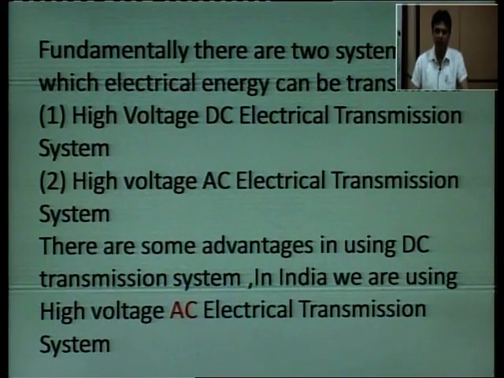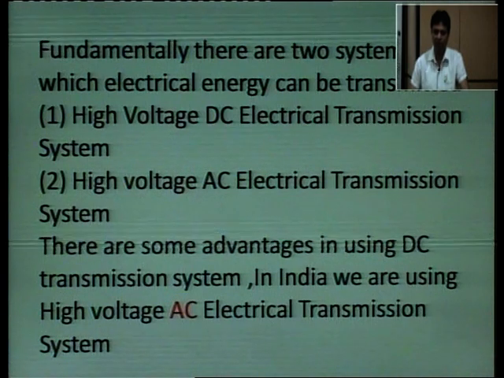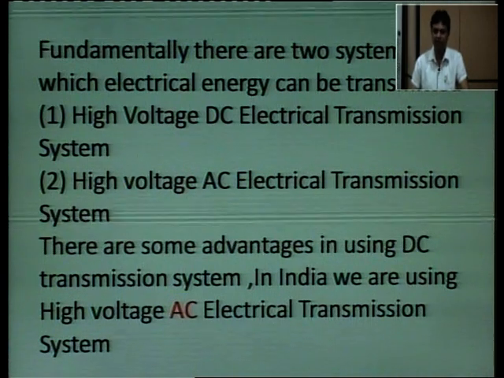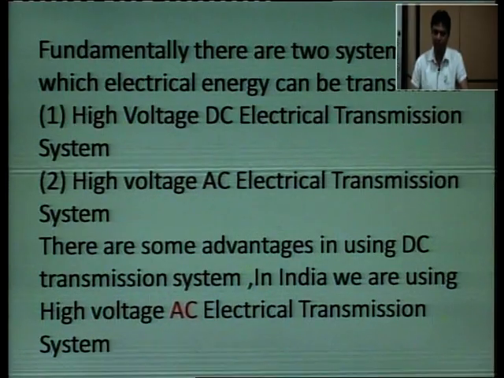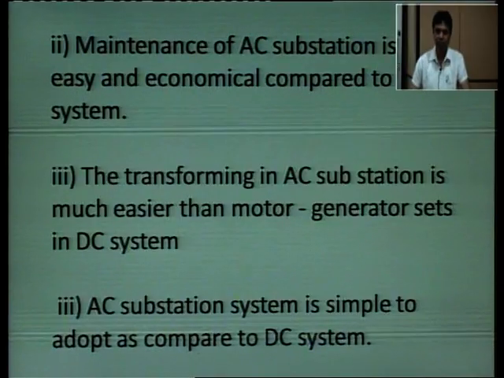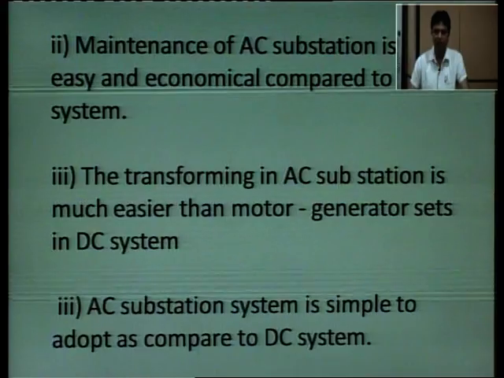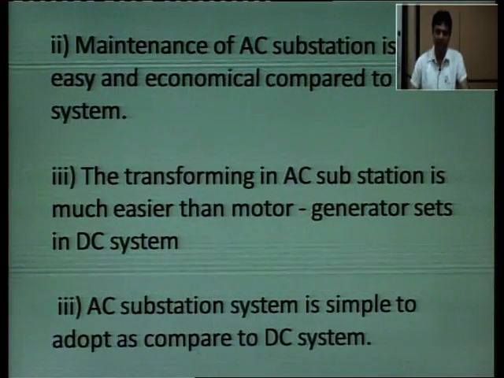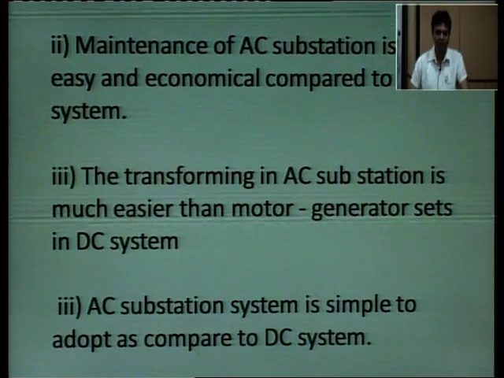So there are some advantages in using DC transmission system, but in India we are using high voltage AC electrical transmission system. Because maintenance of AC substation is quite easy and economical compared to DC system.